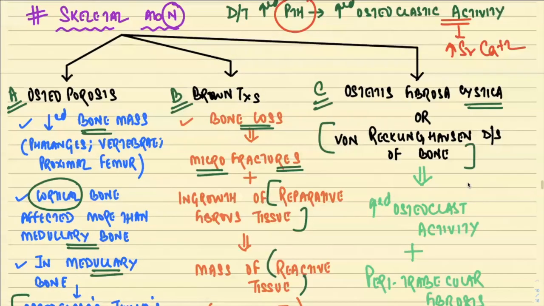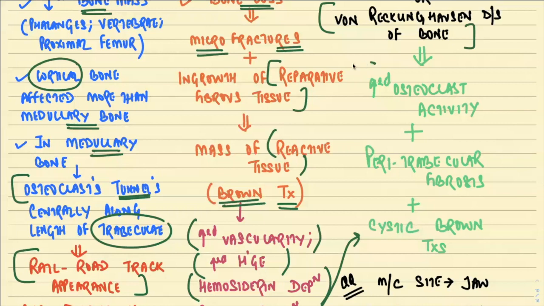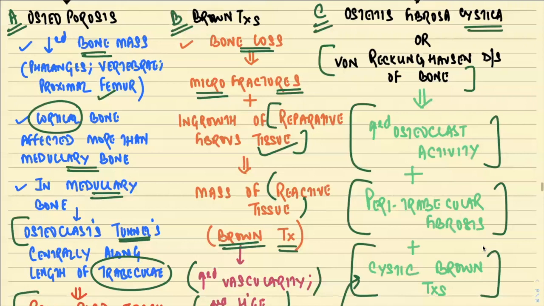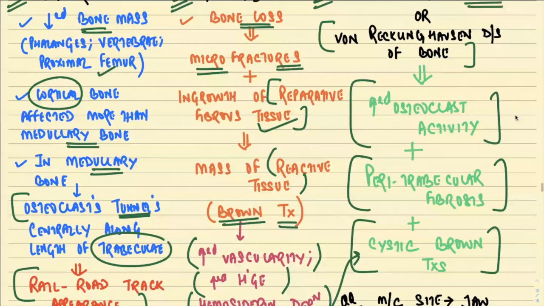Now over here, what has happened is because of increased osteoclastic activity, because of increased granulation tissue with reparative fibrosis, and because of the formation of the cystic brown tumors. So osteitis fibrosa cystica is nothing but a combination of increased osteoclastic activity, increased peritrabecular fibrosis, along with cystic brown tumors.